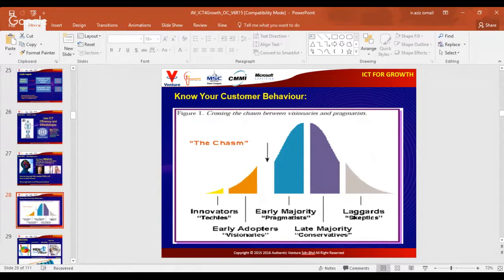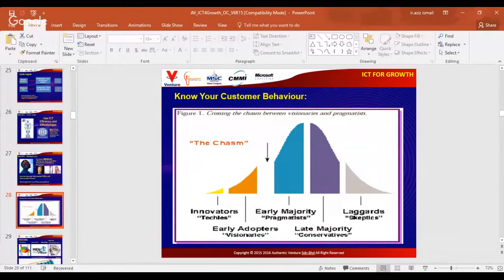When you want to go to the early majority customers, then you need to focus on the product already being in the market for some time, already having thousands and thousands of customers. The product already won this award, that award, this award. You know what I mean? So once you change your marketing strategy or your marketing messaging, then you are going to bring in the early majority customer.